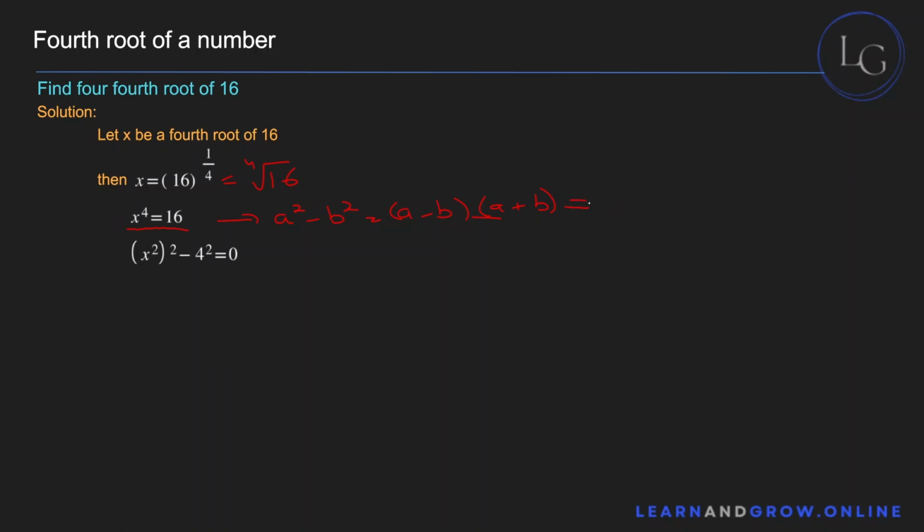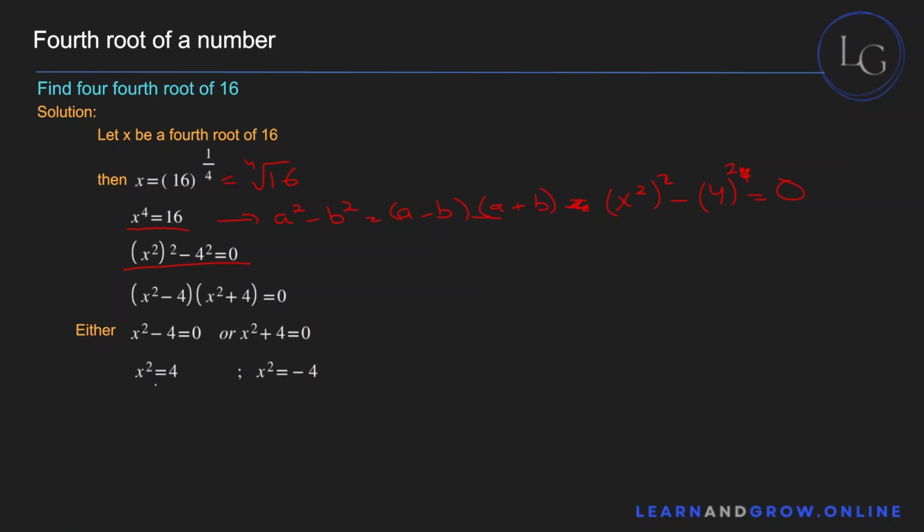Over here we can write this down as x squared whole to the power 2 minus 4 to the power 2, which becomes 16, and this is equal to 0. So now this becomes x squared minus 4 into x squared plus 4. And obviously either x squared minus 4 is equal to 0 or x squared plus 4 is equal to 0.